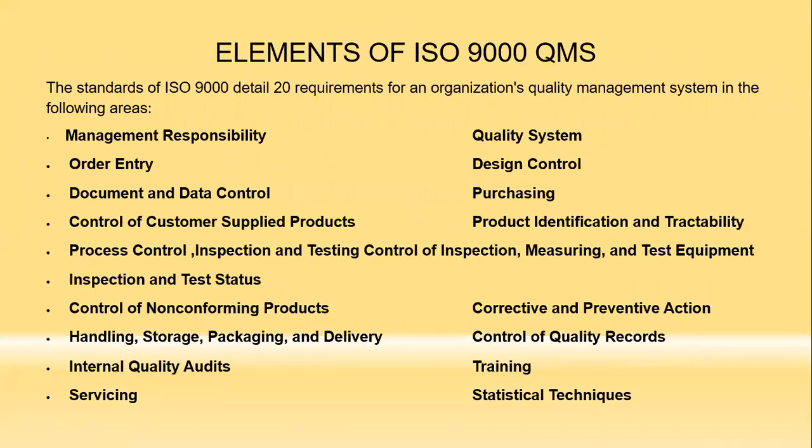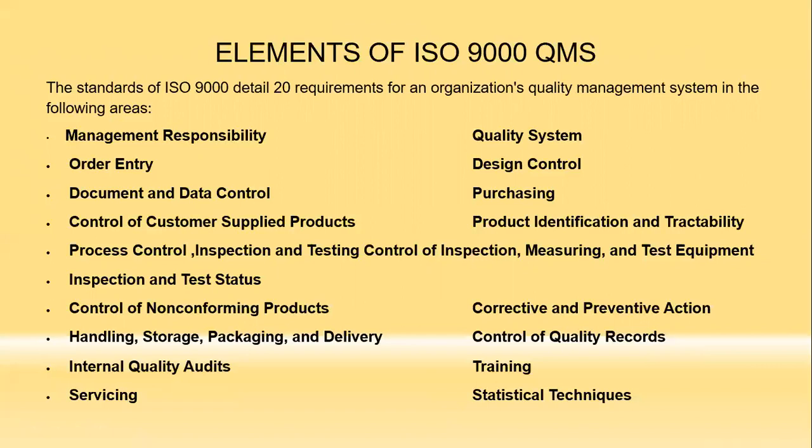Generally, the elements of the ISO 9000 quality management systems: we have listed 20 requirements, clearly defining the management responsibility, order entry, document and data control. They have to document at each and every stage.